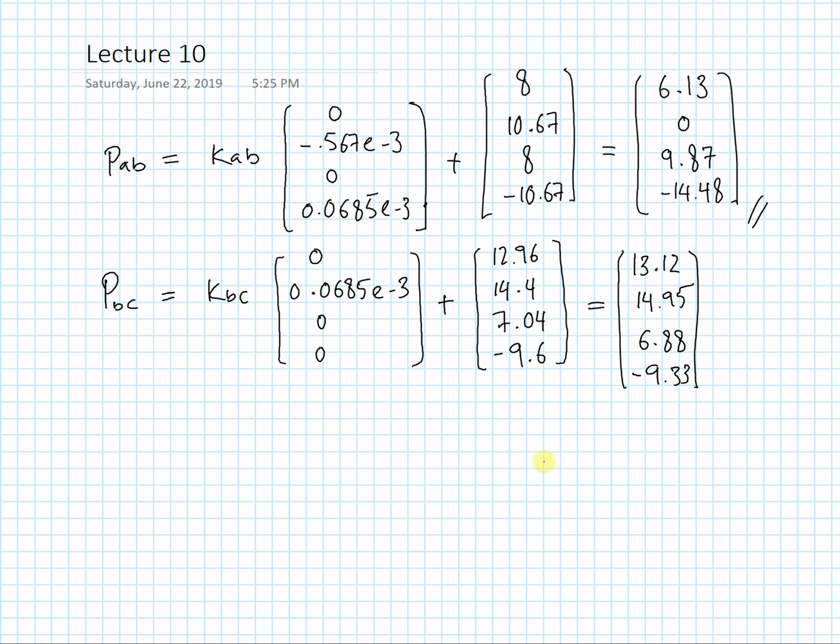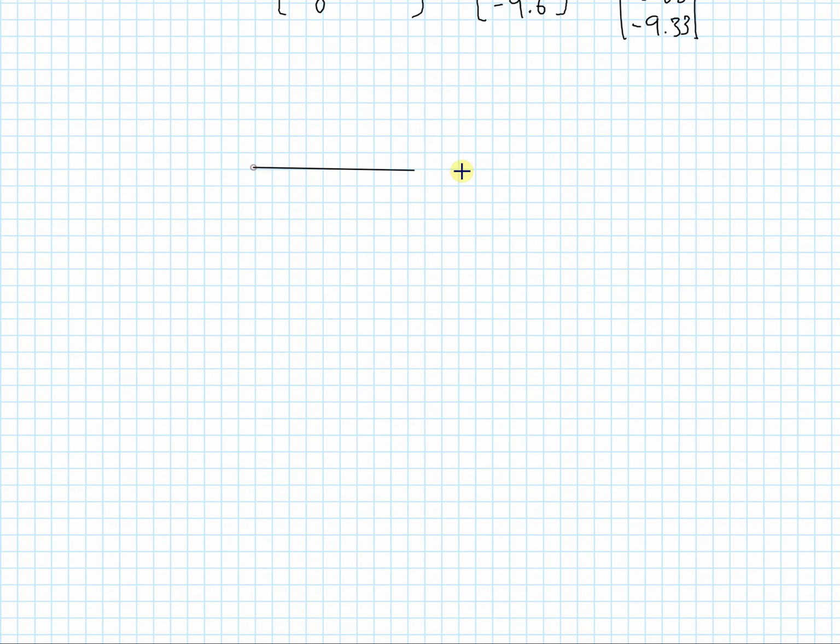That's it. If I were to draw my shear force diagram, it would look as follows. So let me draw 2 lines, copy paste, because I'm going to do my shear force and then bending moment diagrams. Here we have SFD, and here we have BMD.